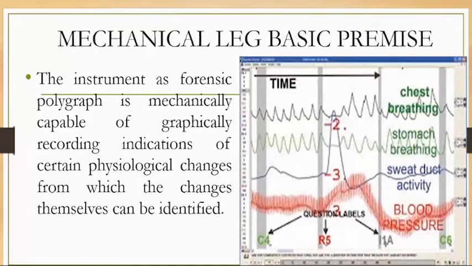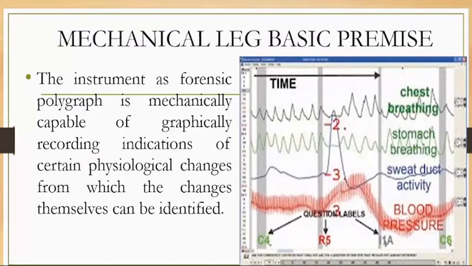You also see the sweat duct activity, which we call skin resistance. If the skin resistance is like that, with the negative 3 you see there, it means the reading is deceptive, because it is quite large. Mostly, the last to respond, or the slowest to move, is the skin.